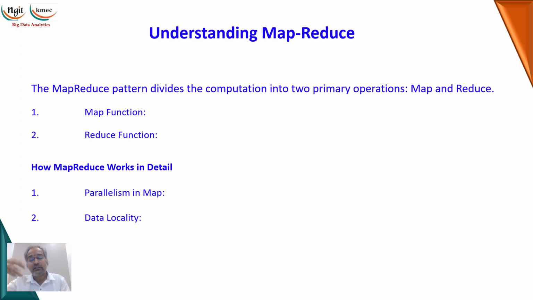Each key's related data will be separated and given to one reduce function, so that it will work on that and aggregate it in the reduce function, and the result will be given. So that is the reduce function. The detailed workflow of MapReduce was given in the fourth unit, but here we are just giving the overview.